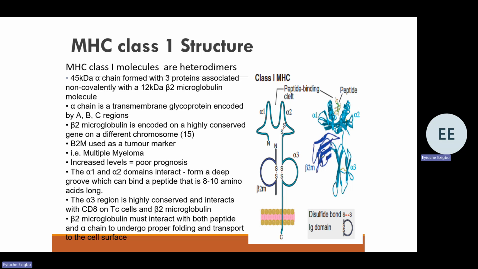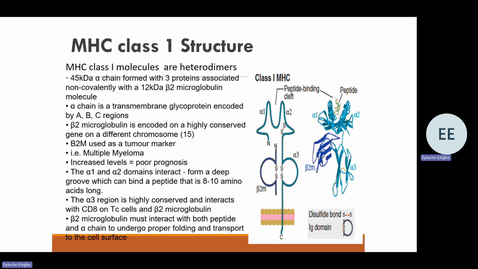The alpha chain is a transmembrane glycoprotein encoded by the A, B, and C regions.